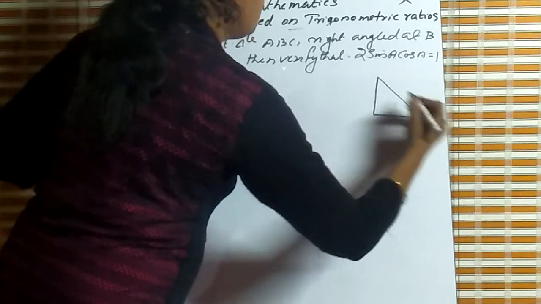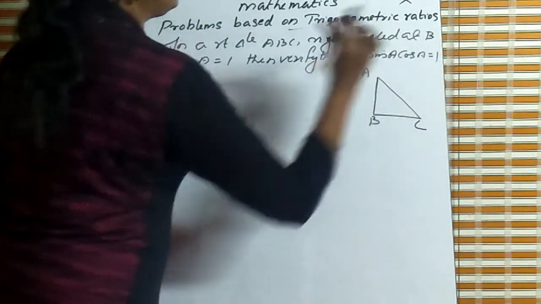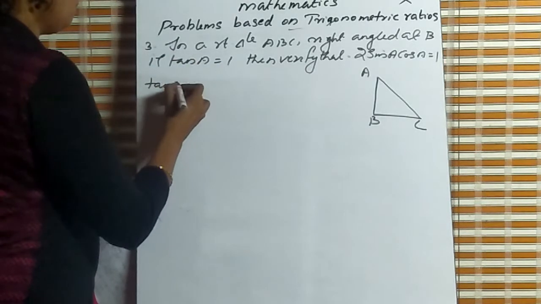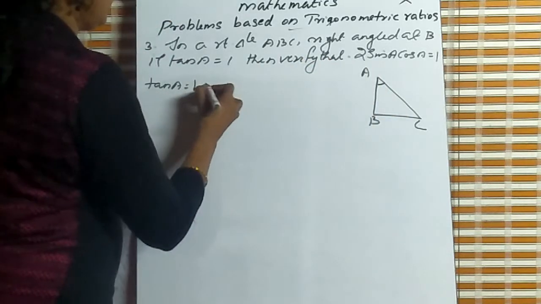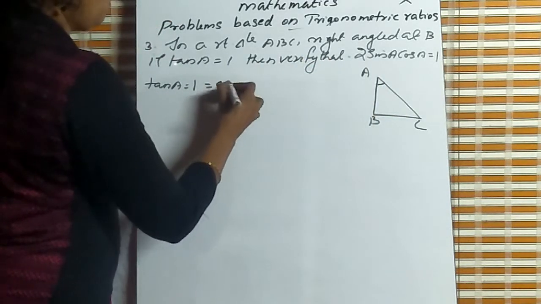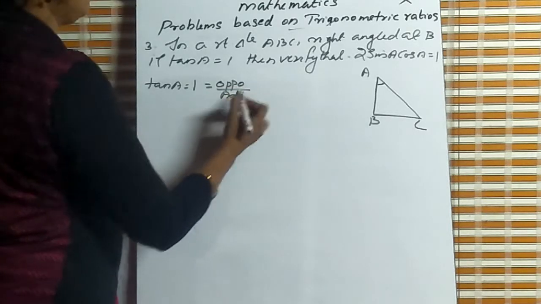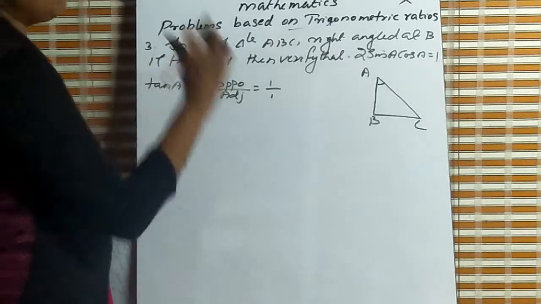In a right triangle ABC, right angle at B, first we draw a rough figure A, B, C with right angle at B. If tan A is equal to 1, based on this acute angle, tan A equals opposite side by adjacent, which is 1 by 1.